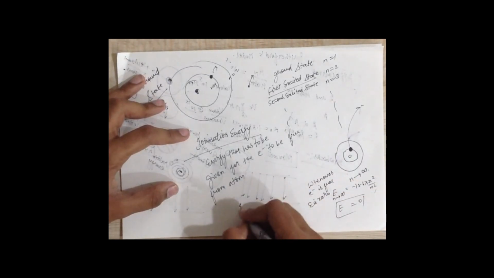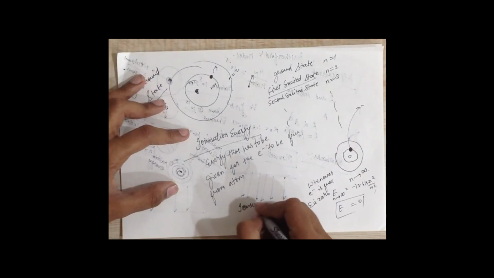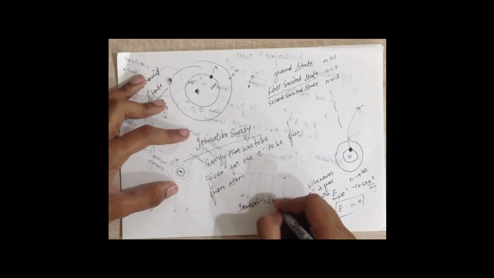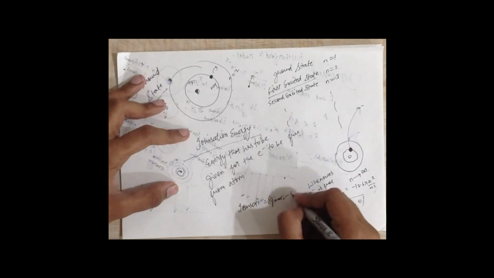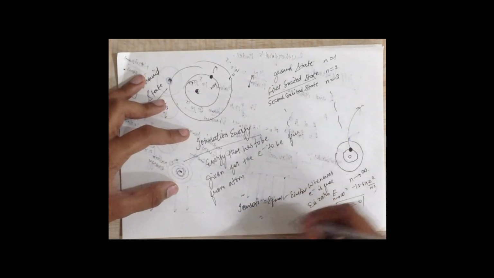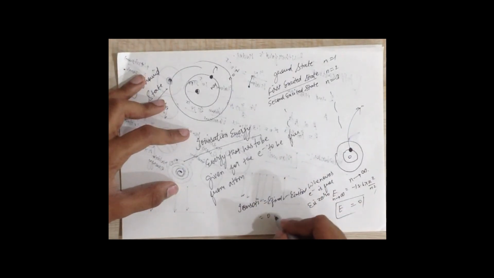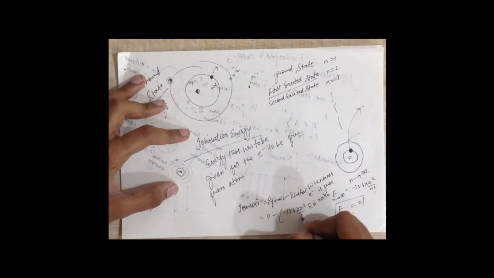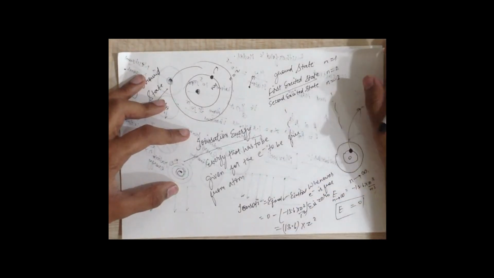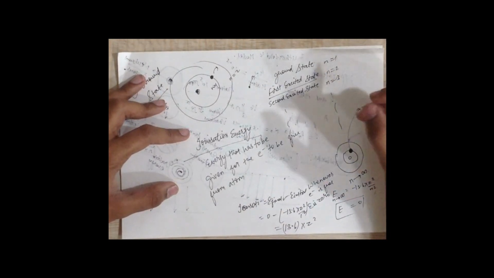So ionization energy would be E final minus E initial. If the electron was in the ground state, E final is 0 minus minus 13.6 times z square upon 1 square. So this turns out to be 13.6 times z square. This is the ionization potential.